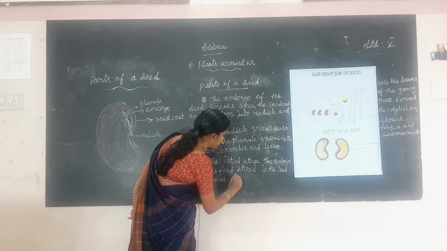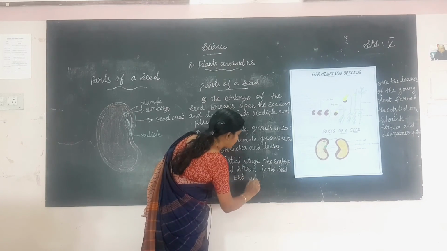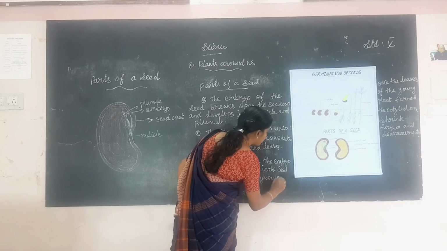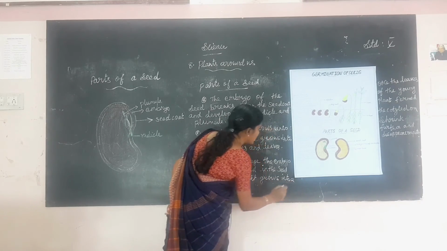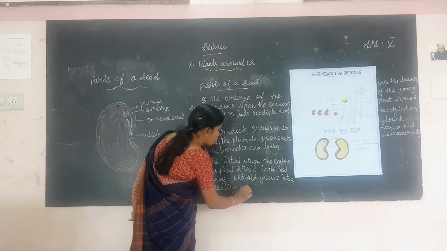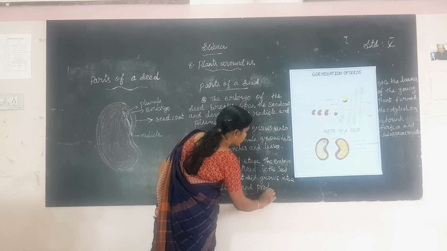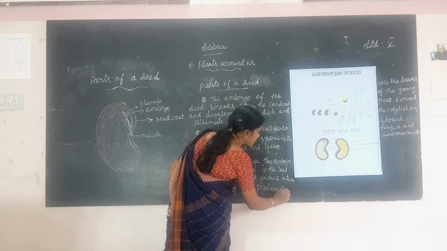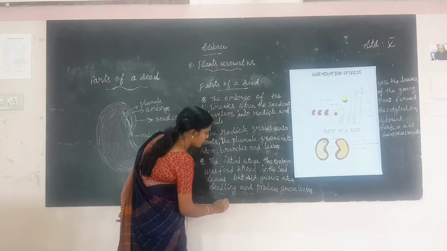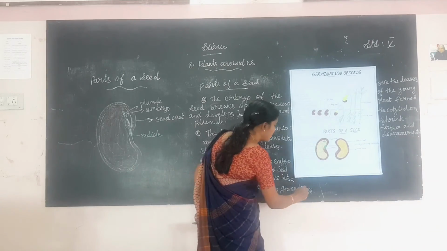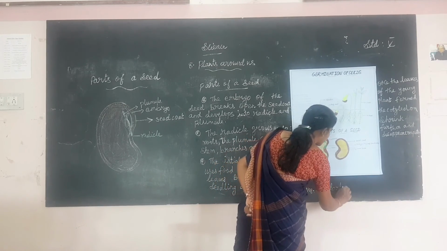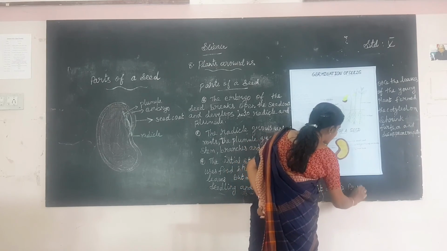It grows into a seedling and produces green leaves. Green leaves, it starts preparing its own food.